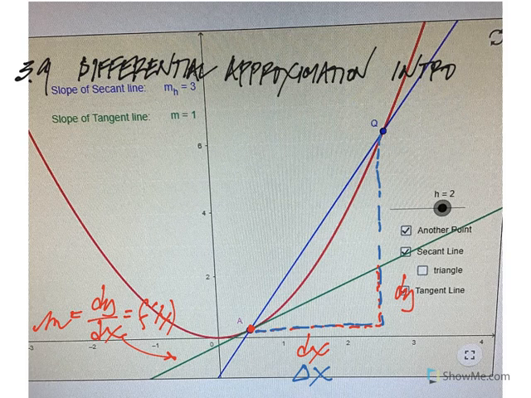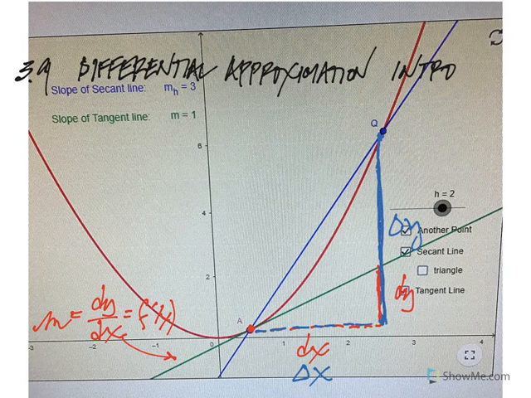And this distance along the y, going from here up to here, is delta y. Now, according to this picture, dx and delta x are exactly the same, but dy and delta y are wildly different, right? Here's your dy here, and here's your delta y right there.